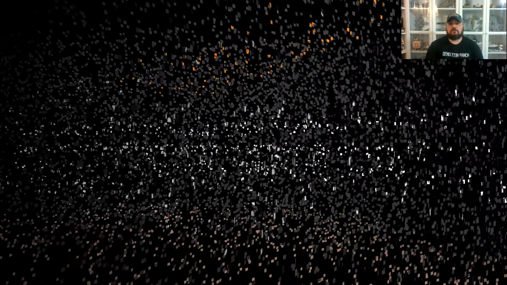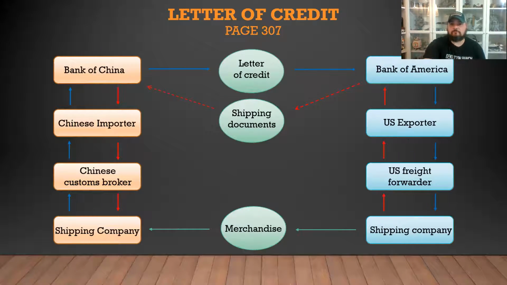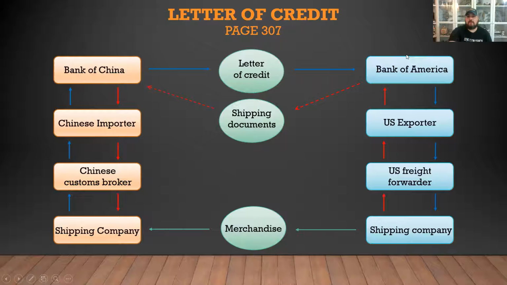If we take a look at the chart here that I've recreated, let me get my camera out of the way. You have at the top here, the blue lines actually represent the letter of credit. The red lines represent your shipping documents, and the green is the merchandise.